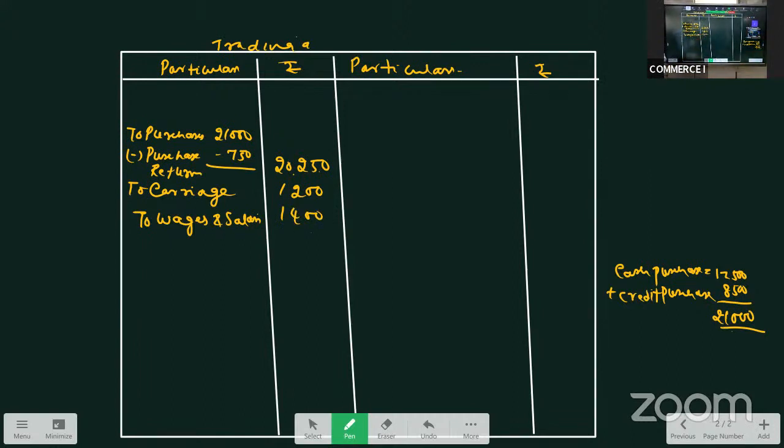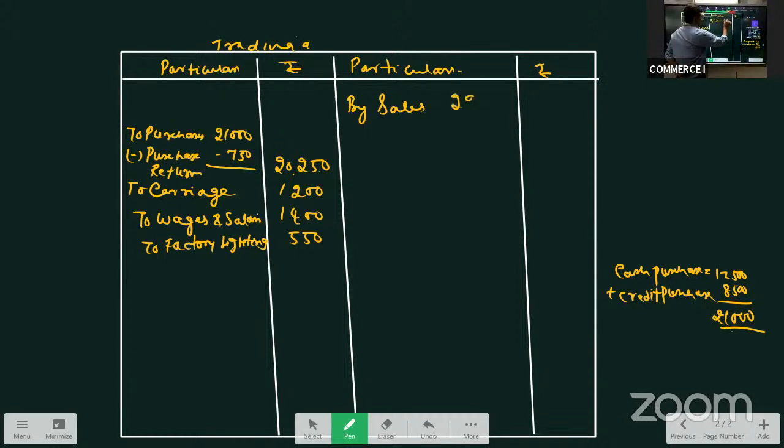Then we have factory lighting. Remember I told you, any expense related to factory, either factory rent, factory insurance, factory lighting, any expense related to factory is to be debited to trading account. Next we have purchase returns. We have taken already. Sales return, sales, oil and fuel.